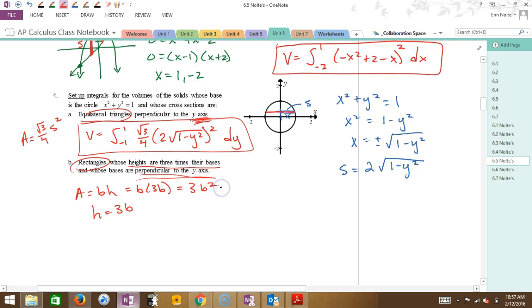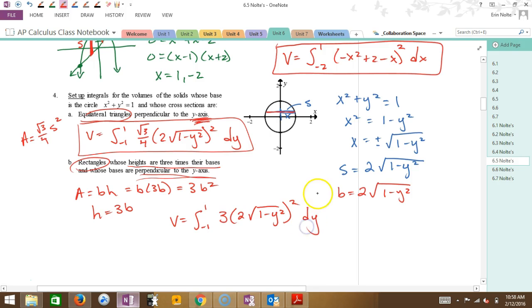So we know that the b is the same as this s over here, 2 square roots of 1 minus y squared. So we can plug this in now. Our volume is going to be the integral from -1 to 1 of 3b squared. I'm going to replace the b with 2 square roots of 1 minus y squared, then square it, dy.